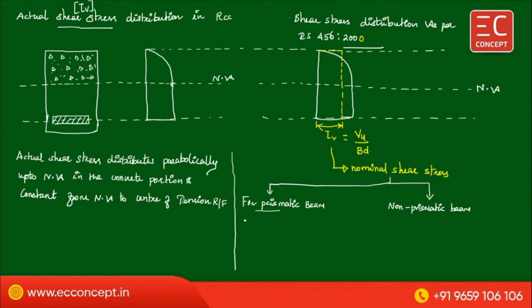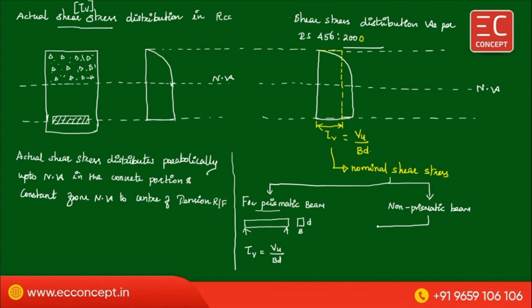For prismatic beam, that means the section size is constant throughout the length. That is a prismatic section. In this case, shear stress at every cross section is Vu divided by b into d, and the cross section is b into d.